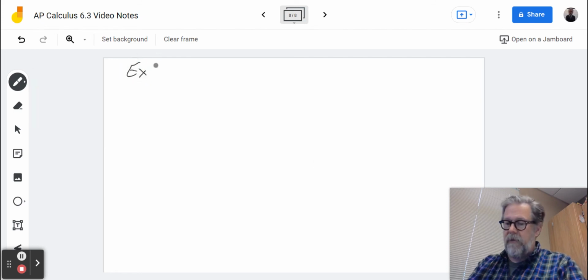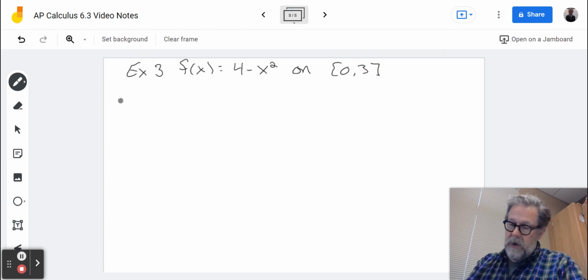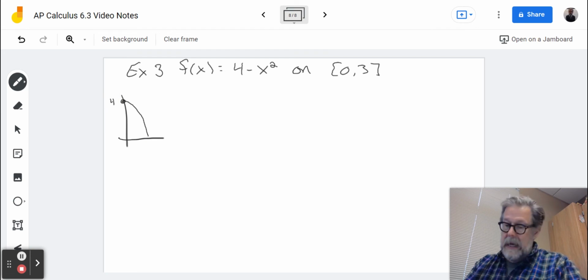We have a function f of x equals 4 minus x squared on the interval 0, 3. I'm going to draw a quick sketch. 4 minus x squared, of course, is a downward facing parabola. That's at 4.